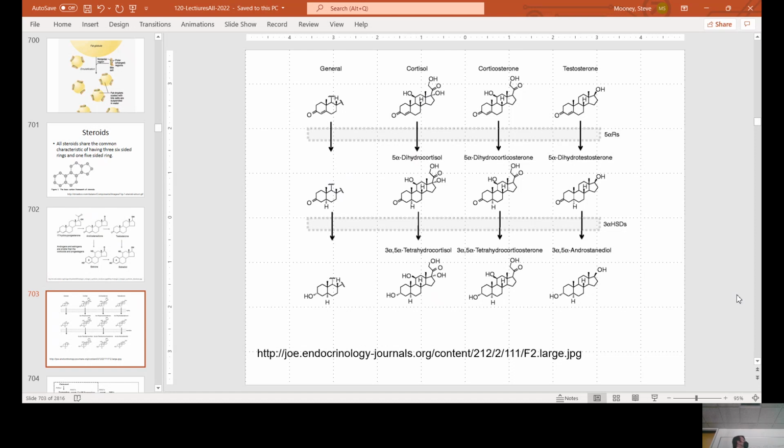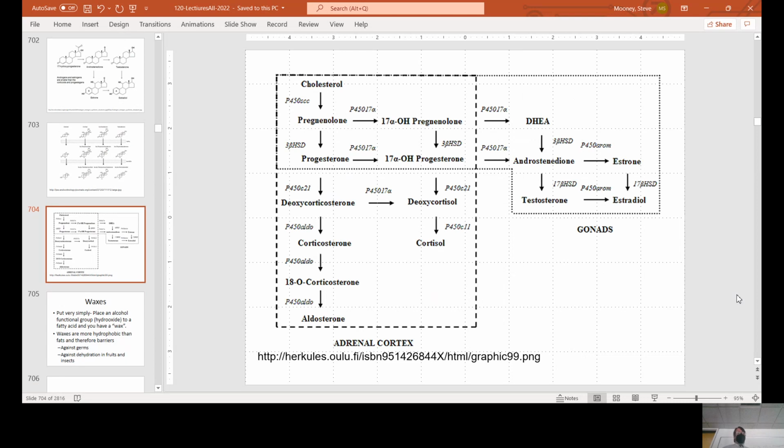Same thing going through these cascades. They're called steroid cascades, and they get very, very complicated. They have a lot of different steps in them where things are added and subtracted as we move from one to another. In this diagram, you have cholesterol starting the cascade. If we go this way, we get our estrogens at the end.